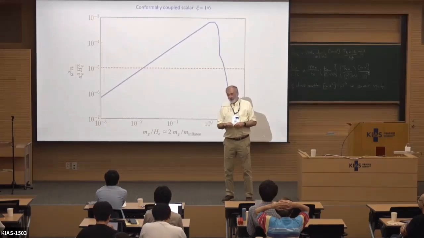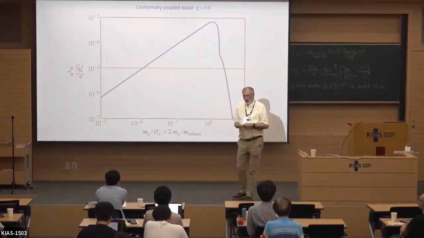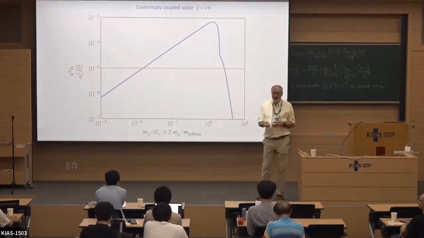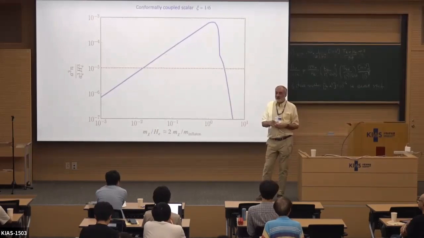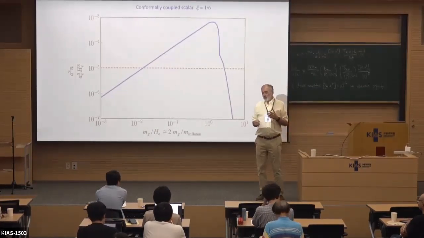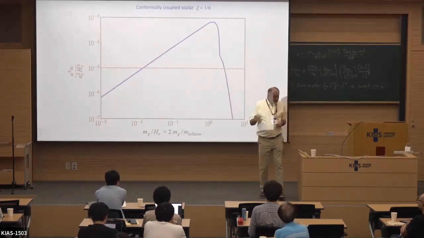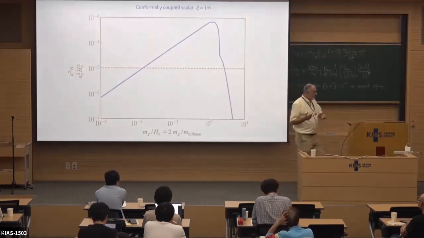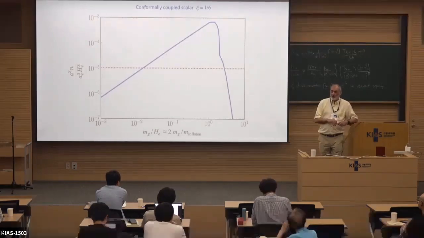Most models have it in the range of 10 to the 12 GeV, something large. There are models of inflation that have it very much smaller, and there are models of inflation that have it somewhat larger. There is an upper bound to the expansion rate from CMB observations: the lack of observation of the tensor mode of gravitational waves puts an upper bound on HE, but that's something like 10 to the 18 GeV.